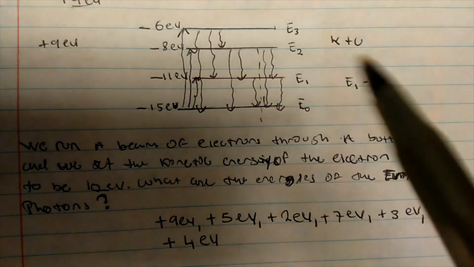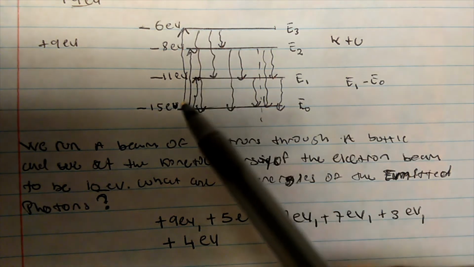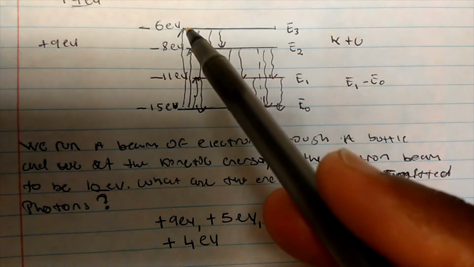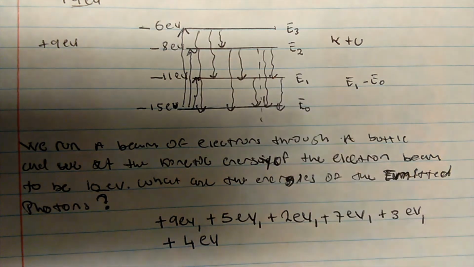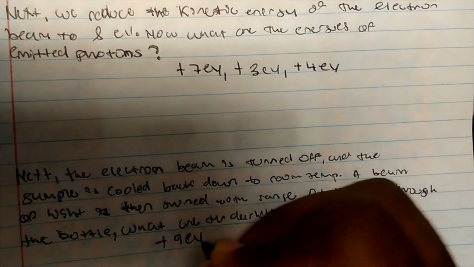And so you can imagine if I take negative 6 minus negative 15, that gives me a plus 9 eV.